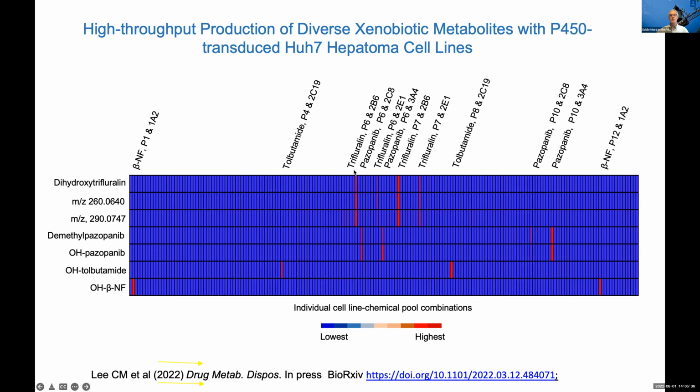Also, the metabolism was P450 enzyme specific, so these metabolites were formed by CYP2B6 and to a slightly lesser extent CYP2E1. So we're showing enzyme specificity, but also generation of these metabolites. And we got this predicted metabolite of dihydroxytrifluralin, but we also saw 2 features that we're pretty sure, whose MS2 spectra I'm not going to show you, are consistent with actual metabolites of trifluralin, but we don't know what they are.